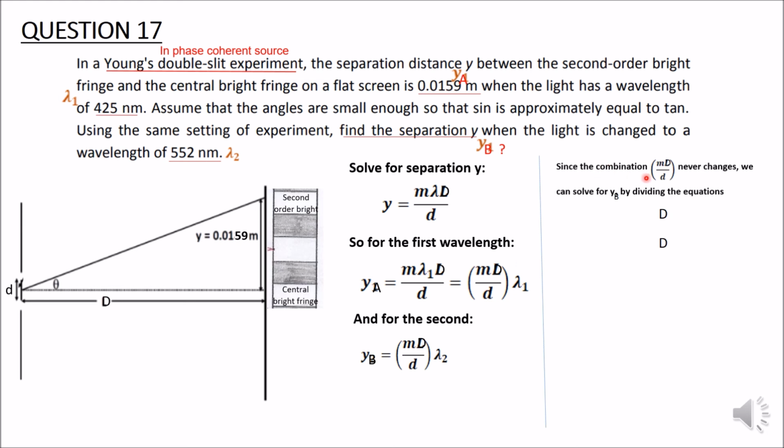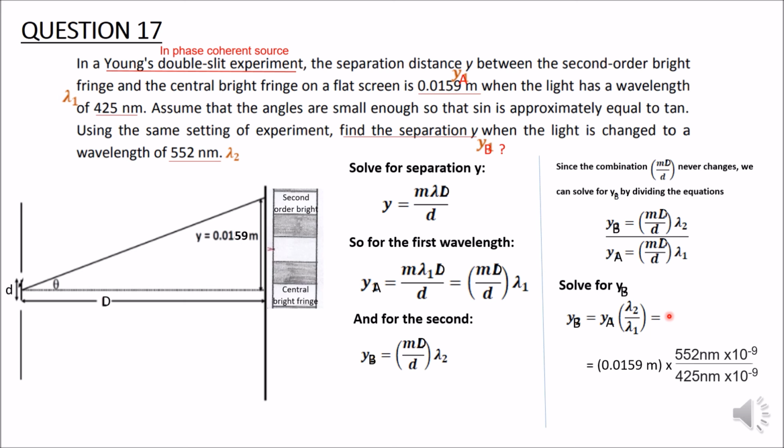Since the combination mD over d never changes, we can solve for y_B by dividing the equation y_B by y_A. So we simplify this equation, and mD over d is the same on both sides, so we can ignore both of them and we can solve for y_B: y_B equal to y_A multiplied by lambda 2 over lambda 1.